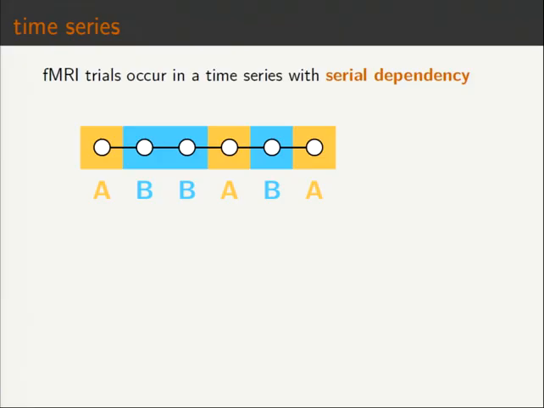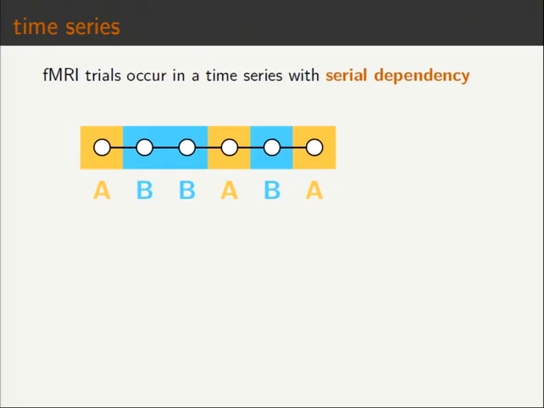I think Pradeep already mentioned that. fMRI has serial correlations in the errors, so the randomness of estimates from a single trial is correlated with the randomness in the next trial or in the next volume, depending on how you look at the data, on a trial basis or on a volume or scan basis. This is indicated here by this sequence of circles with connections in between. You have not that much dependency, for example, to the second-to-next trial, but to the next trial, very often you will have dependency.